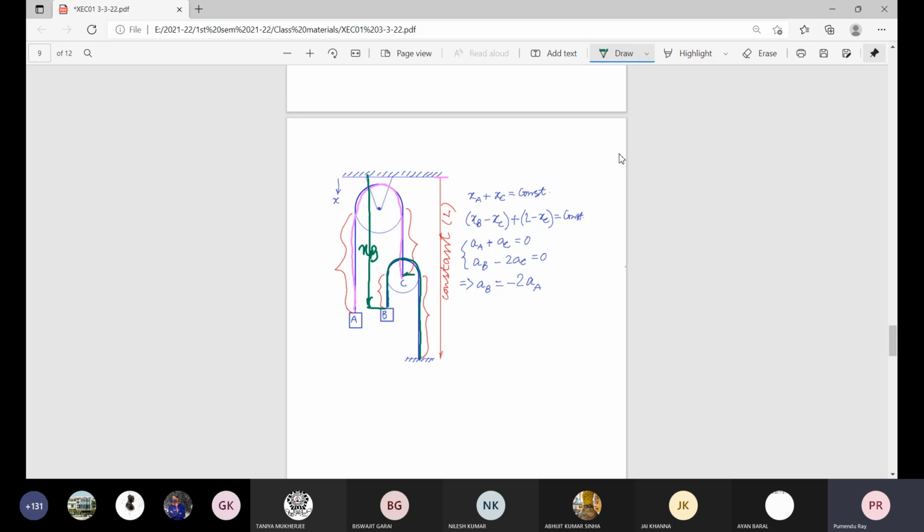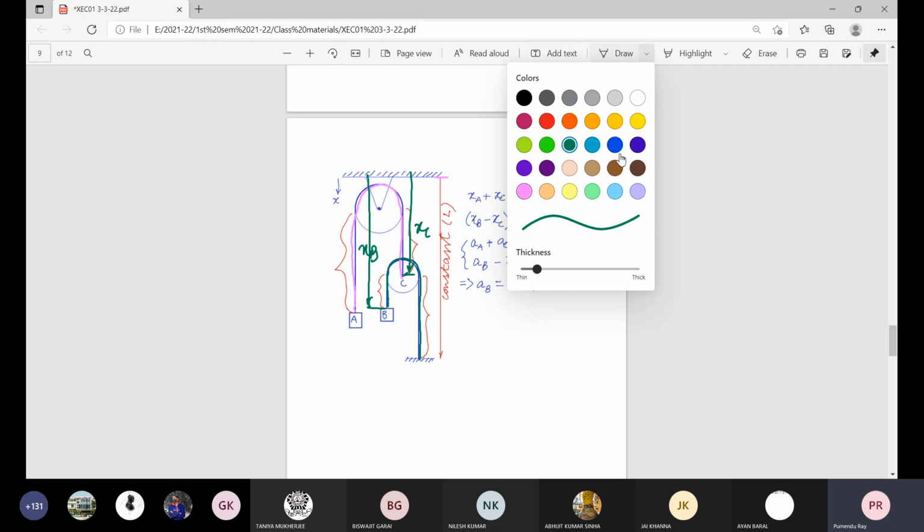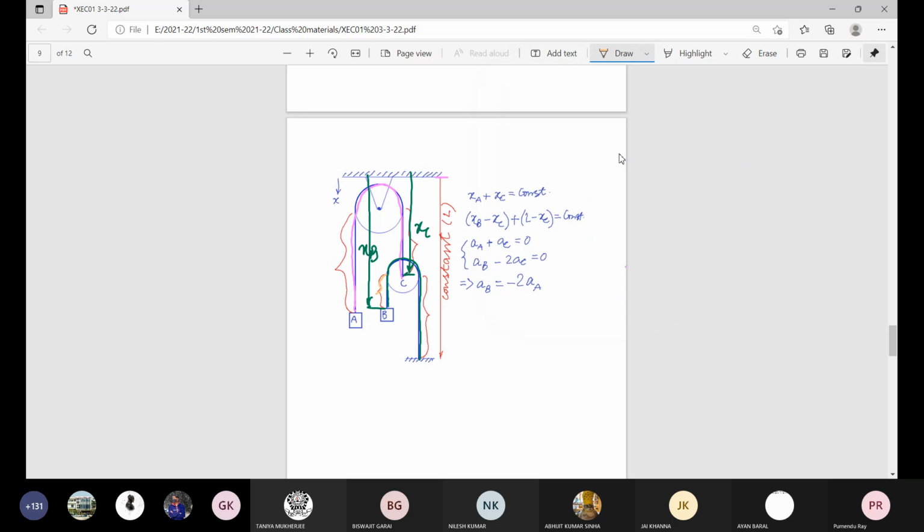And this distance is XC. So what about the length of the rope we are talking to consider? That is this length, which is XB minus XC. This total length from the position of B, subtract position of C.